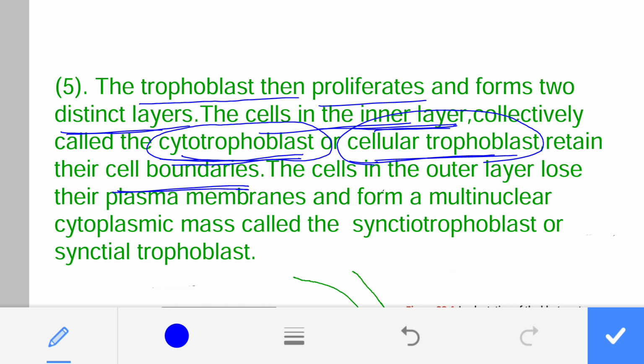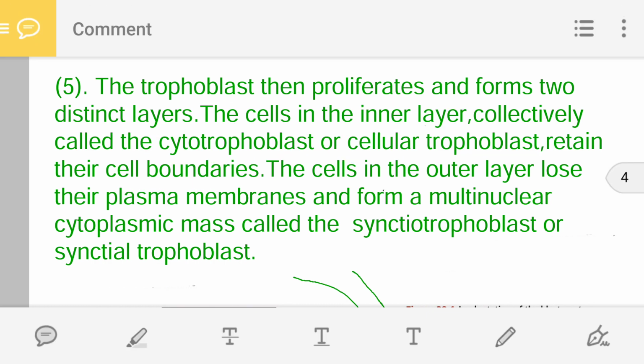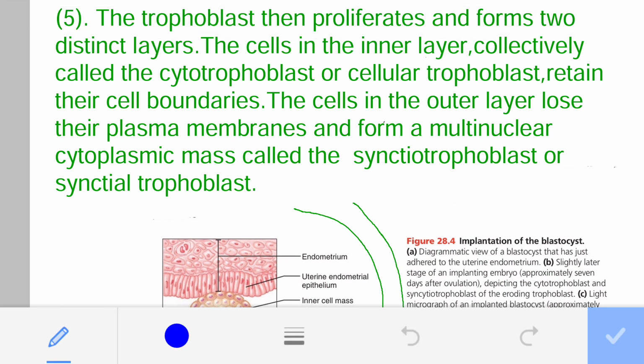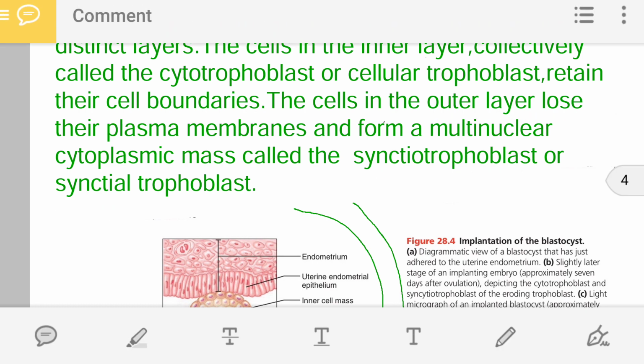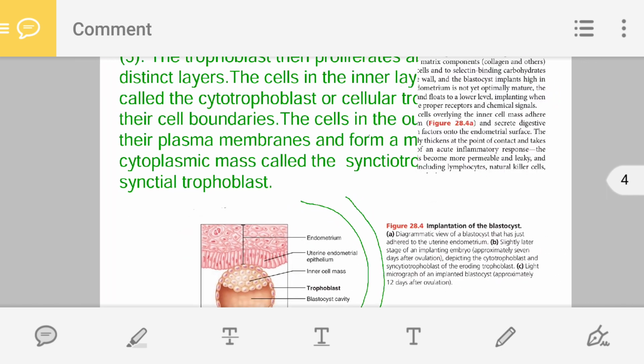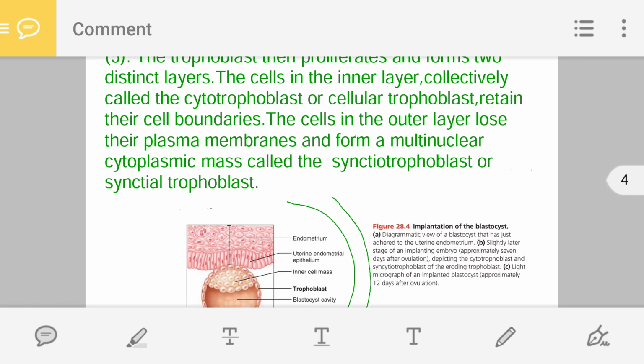That means these cells retain their plasma membrane. The outer layer cells are known as syncytiotrophoblast, or also syncytial trophoblast. These cells lose their plasma membrane. I am showing you in the figure, so you will get the idea.